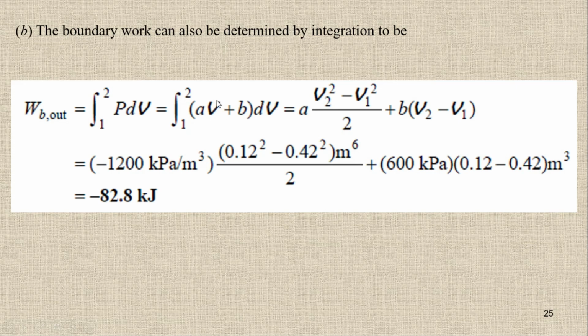When you solve this, you will get the answer. Here we have V1, V2, and we know the values of these terms. So simply you have to put in the values, and then you will get the same answer, which is minus 82.8 kilojoule.